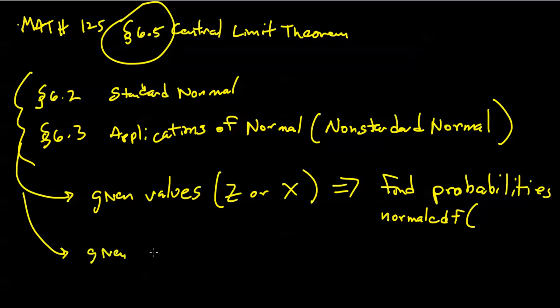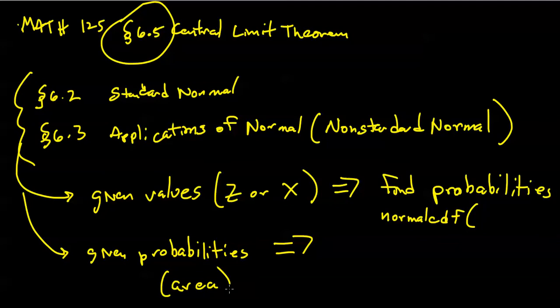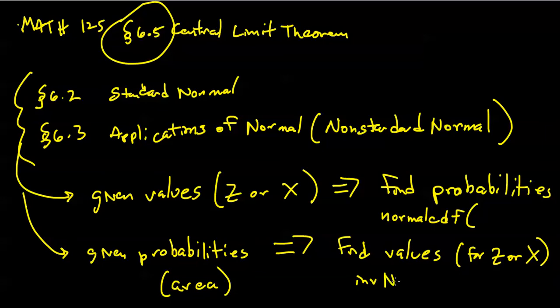In other words, given probabilities, typically in terms of an area under a normal distribution curve, we could find the specific values that cut off that area for x or z, whether in standard or non-standard cases, and we did these using the inverse norm command with, of course, the TI syntax. So that's a brief look back at what we did in sections 6.2 and 6.3.